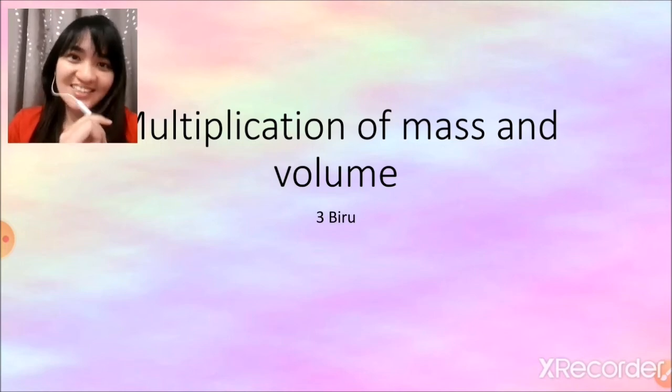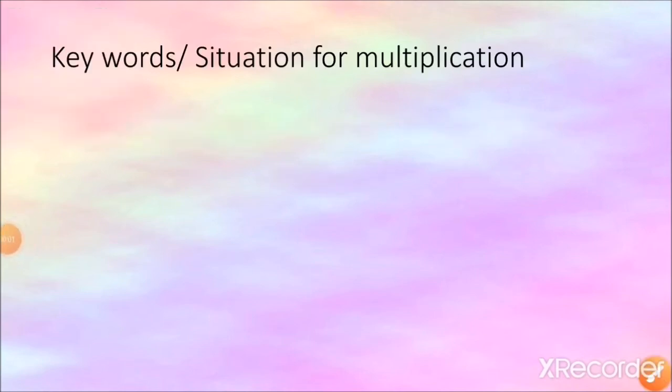Okay, so let's start. Before we look at the calculation of mass and volume, let's look at the keywords or situations for multiplication, because later you will have long questions, which I call problem solving, and you will need to find the keywords. The first one is times. For example, the height of Jayani is 5 times higher than Abigail.